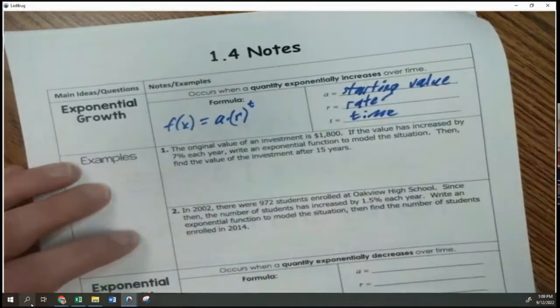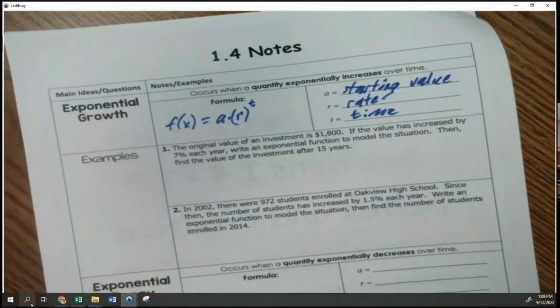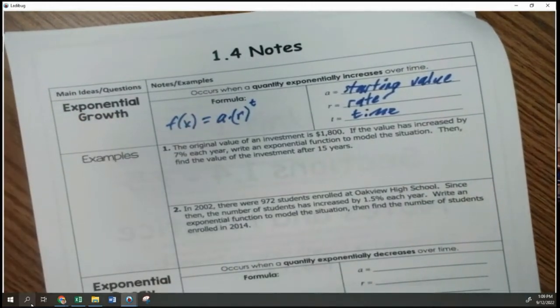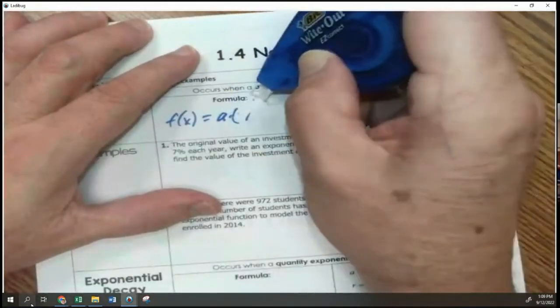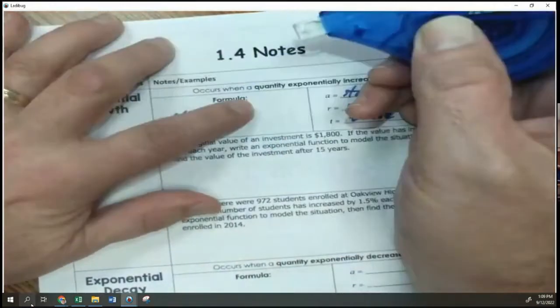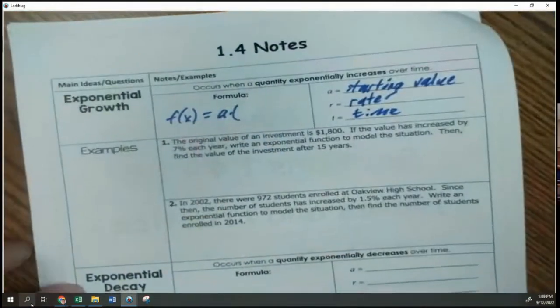I'm sorry. I have left one thing off. Let me change this, because we're talking about a difference between growth. This is a little different equation here. Growth and decay down below.